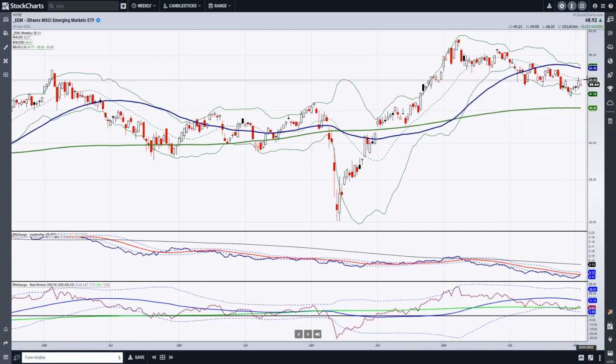And if we can get a move back up over 48.56 in this emerging markets, well, actually, it is above that right now. I'm sorry, I looked at the wrong high. 50.89, excuse me. If we look at 50.89 as an interesting place, which would be about $1.50 from where we're currently trading, then I still like some of these emerging markets.